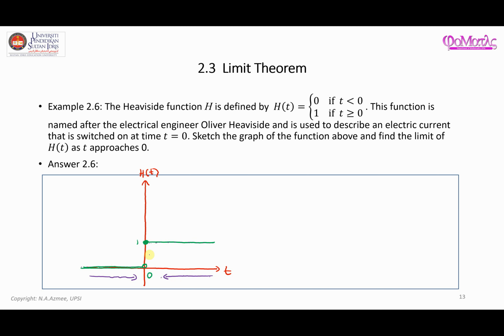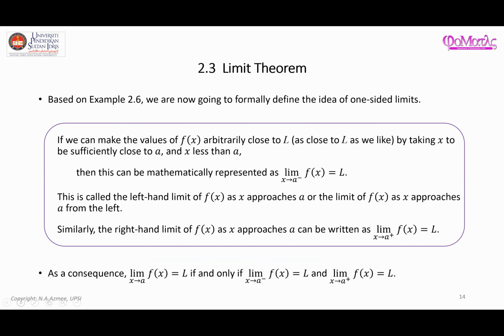Since the two values are different, the limit of our function as t approaches 0 doesn't exist. And this is just a simple example which leads us to formally define the idea of one-sided limits.